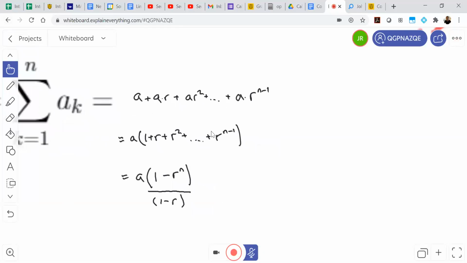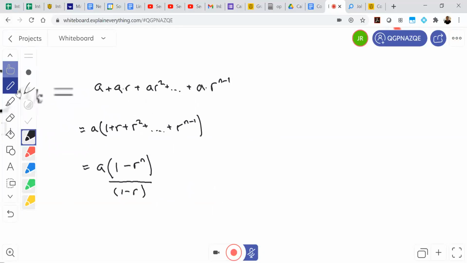In fact, it doesn't feel intuitive to me, but we can check. Let's check with a small n just to verify. So we have this question: does this expression actually equal this expression here? Are these things actually equal to each other? And I'm going to claim yes.